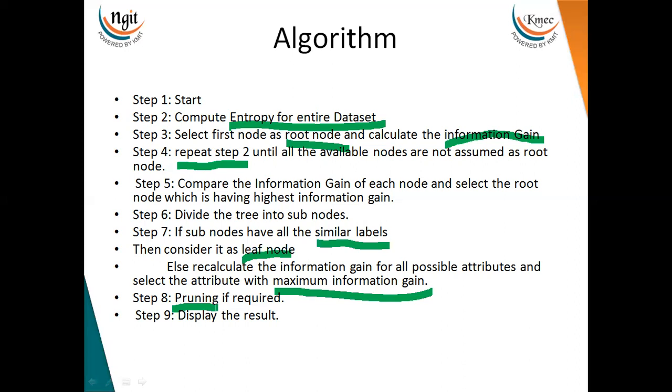But to complete the algorithm, pruning is one of the important steps that we should apply before ending our algorithm, and then we display the final decision tree. So this is the ID3 algorithm for selecting a node at each level, using the maximum information gain.